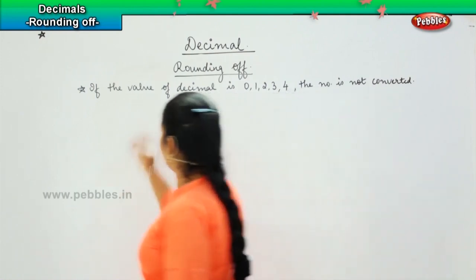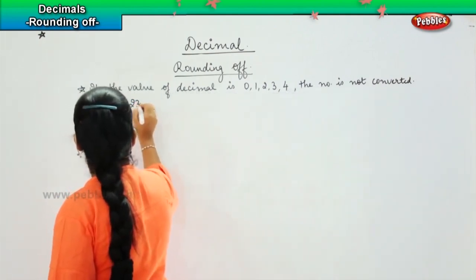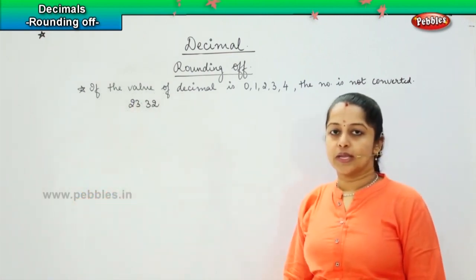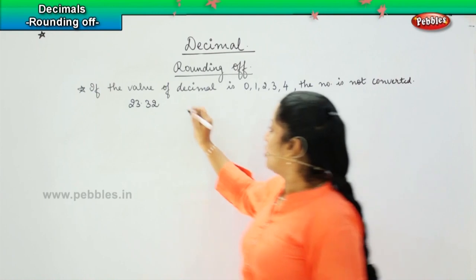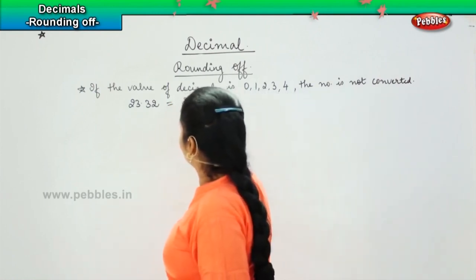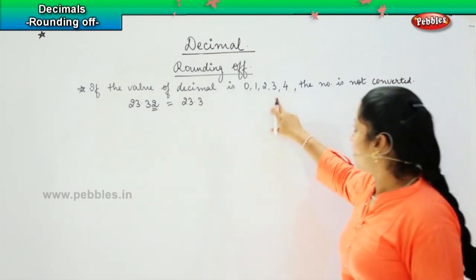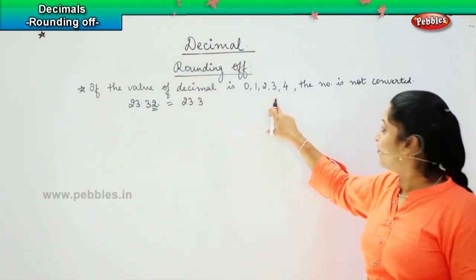For example, if I write 23.32, then 23.32 will be written as 23.3 only, because this 2 is lesser than 5, right?